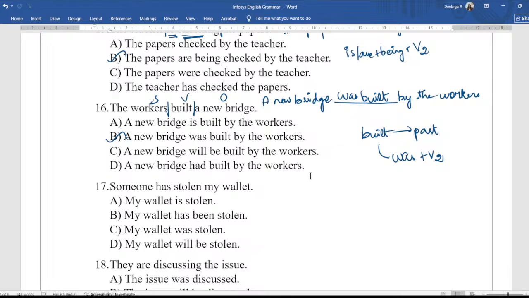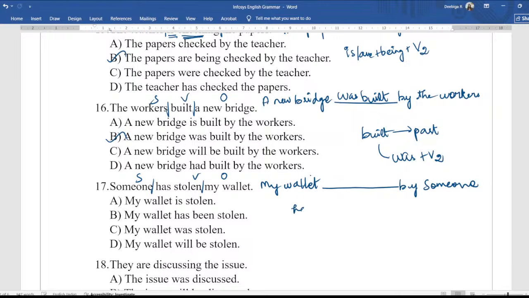Someone has stolen my wallet. Let me solve this too. This is the subject, this is the verb, this is the object. So my wallet will come first, and then you have the verb, and then you'll put by someone, and you have has stolen.